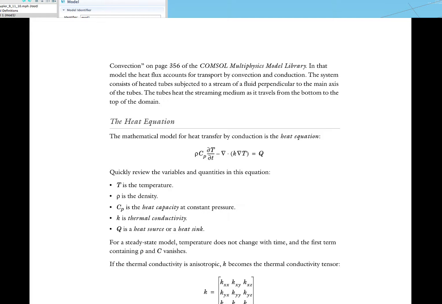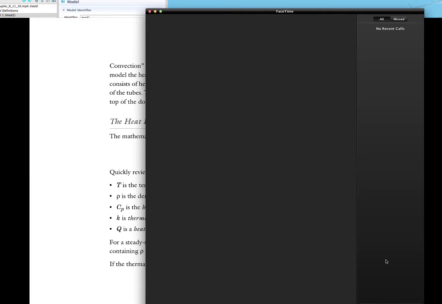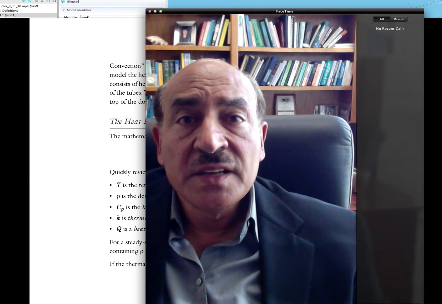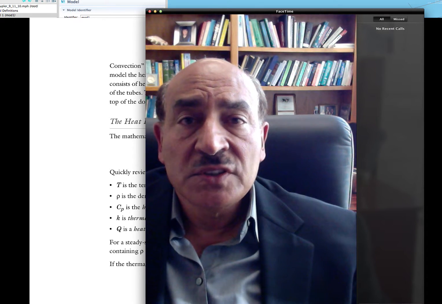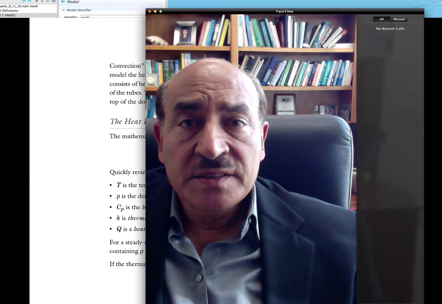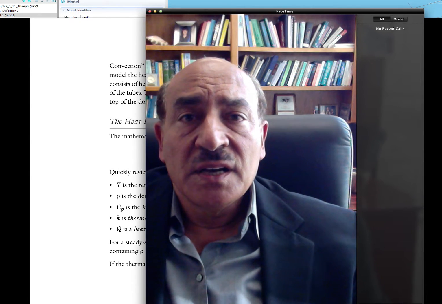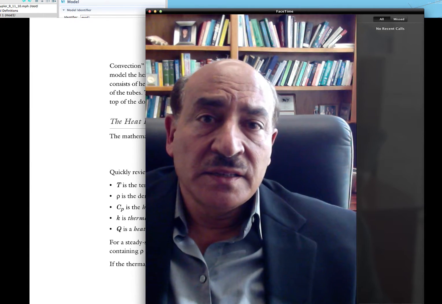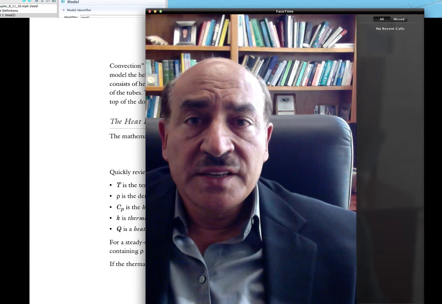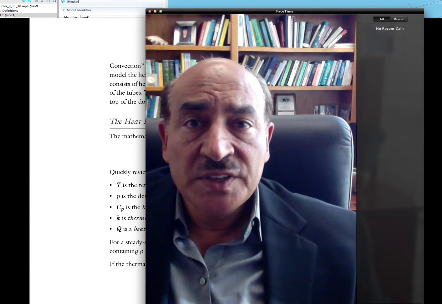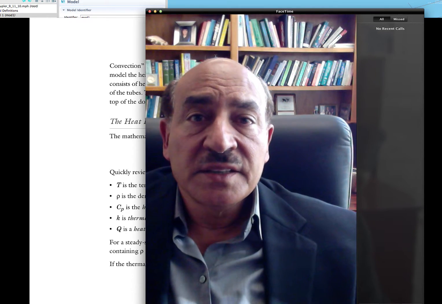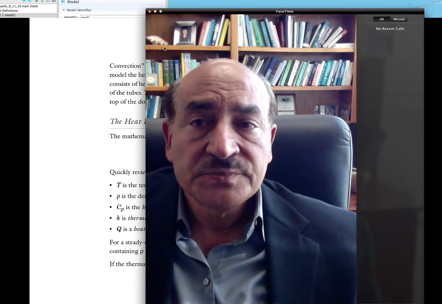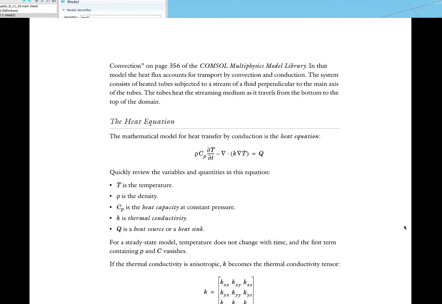What we'll do is look at the heat conduction equation in a moving fluid and specify what symbols are used in COMSOL, and how we apply the boundary conditions. Because at the end of the day, the theoretical lectures that I gave will have to be translated to either symbols that you put into COMSOL, or boundary conditions that you apply, or initial conditions. So it's important that we go through that step by step. Let's now go to this module here.